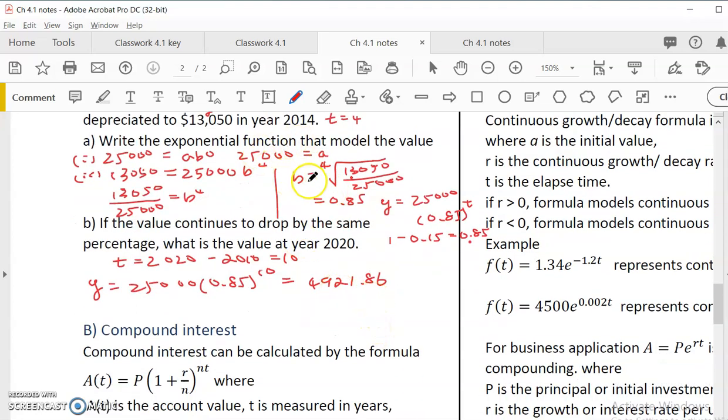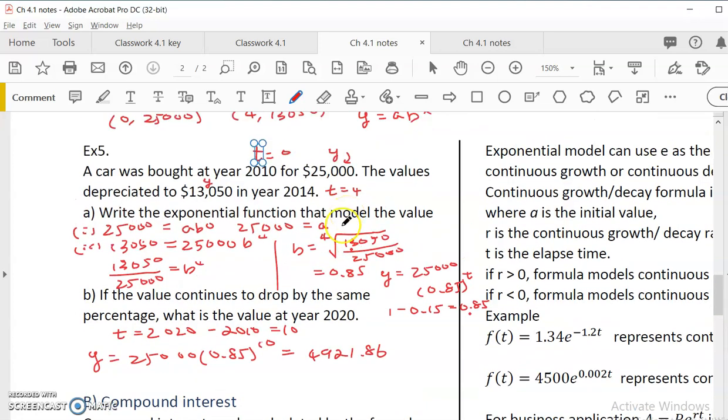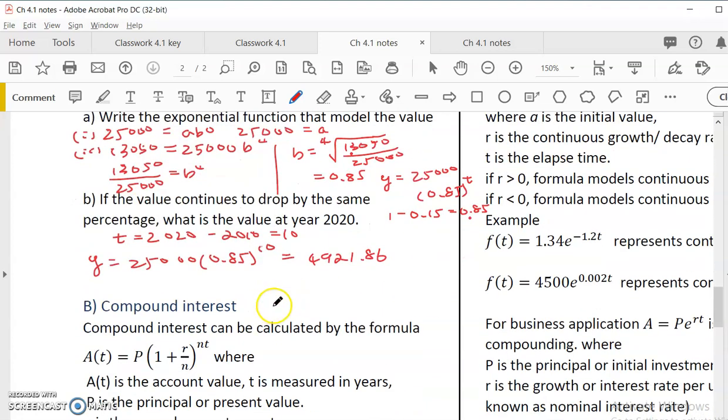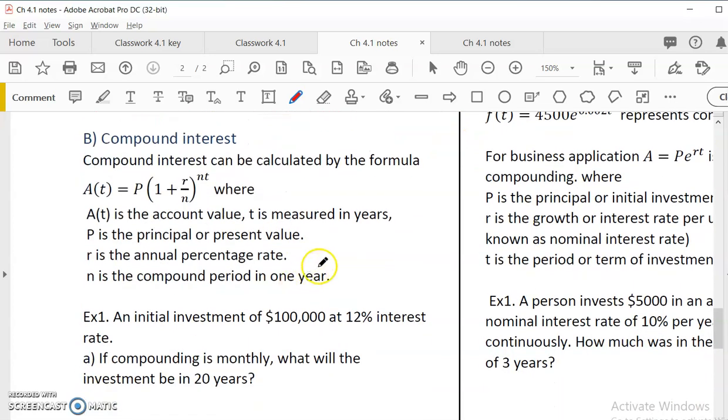So this is how you can use some statement about the rate. You can use two points to find a function. The other application of exponential function is that it can be used to model compound interest, because compound interest is concerning the savings where, when the interest is credited to the account, the interest also can earn interest.